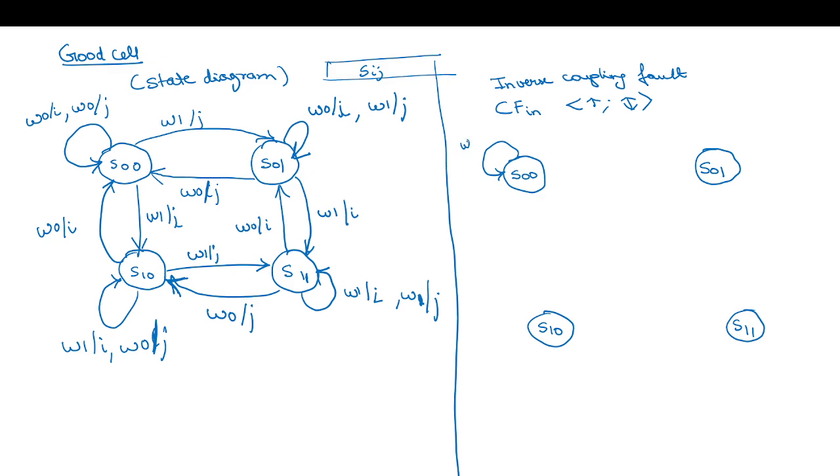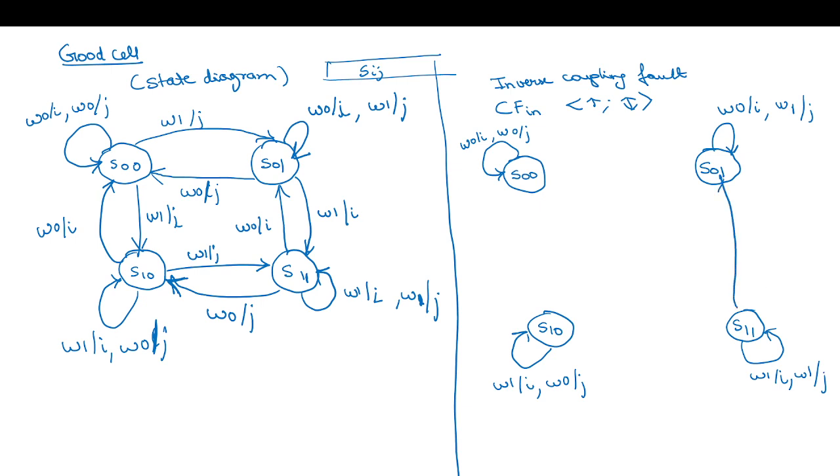This transition says W0 for I and W0 for J. This transition is W0 for I, W1 for J. And this transition W1 for I, W0 for J. This one W1 for I, W1 for J. And these transitions will also remain the same.